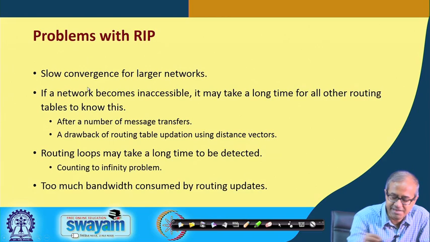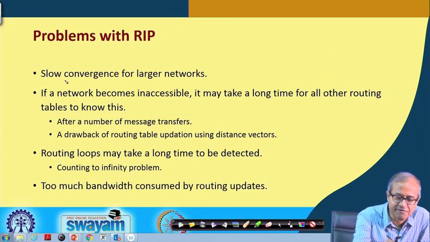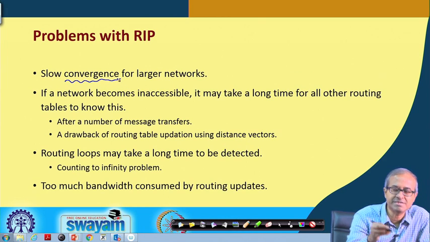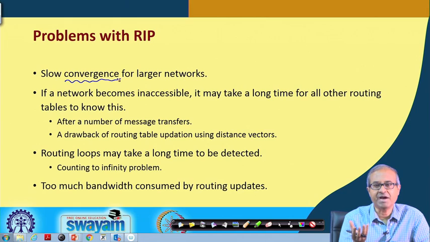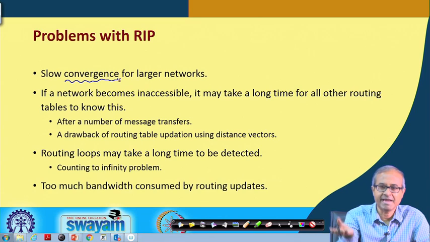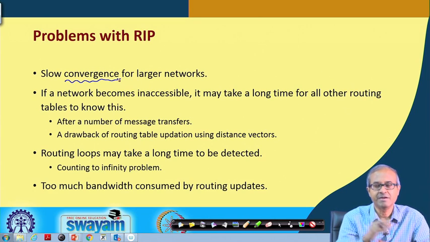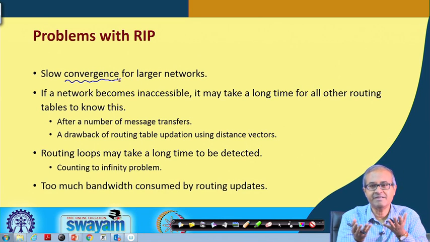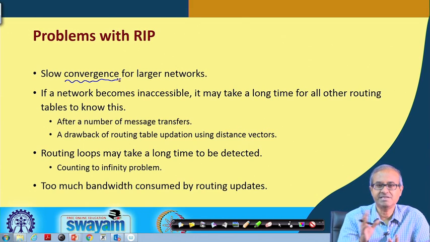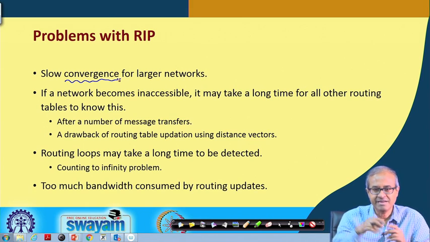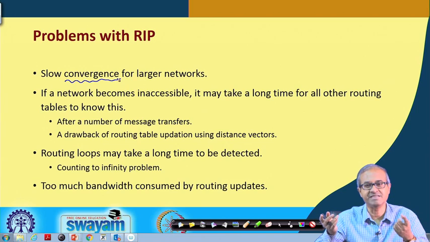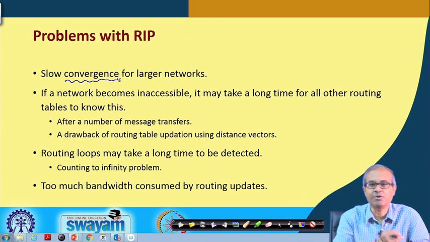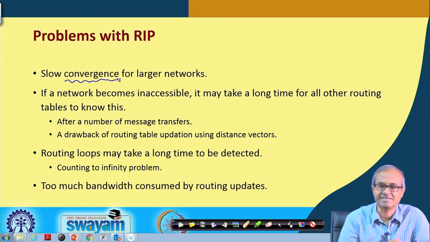So, this leads to something called convergence in the routing table, which at times is very slow. Suppose a link fails, or again a link goes up. How quickly can the routers respond to these changes and update the routing table? This RIP is not very good at that. It can take a lot of packet exchanges to update all the routing tables to reflect the correct status.